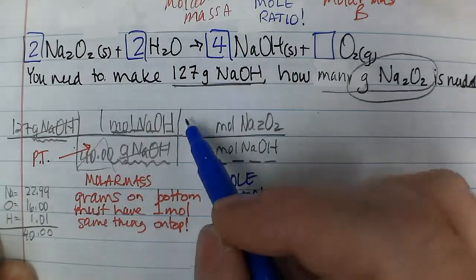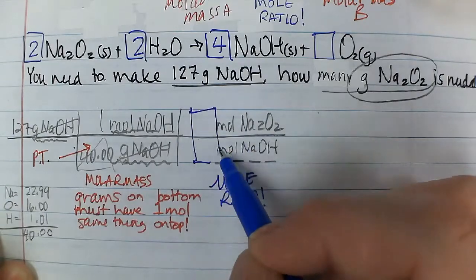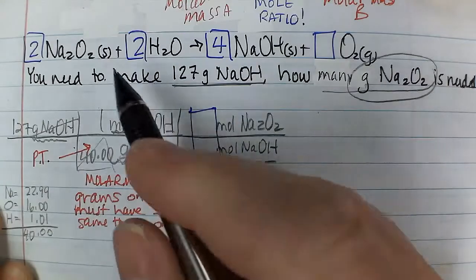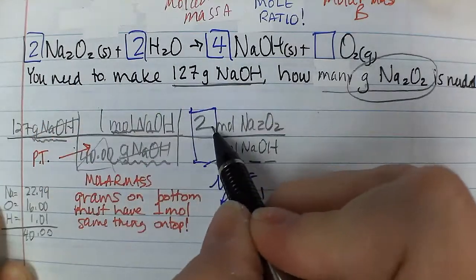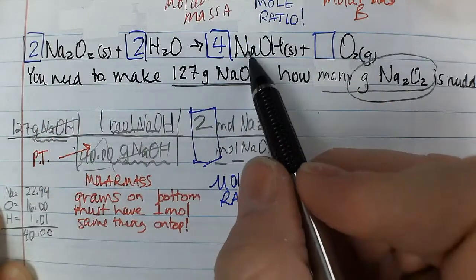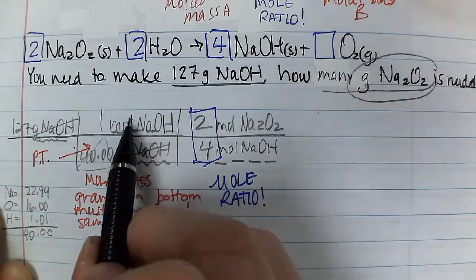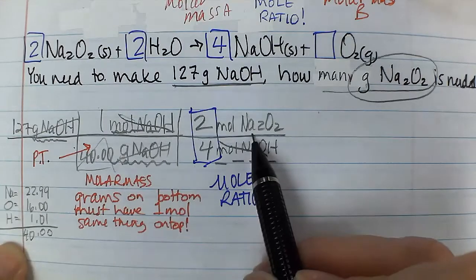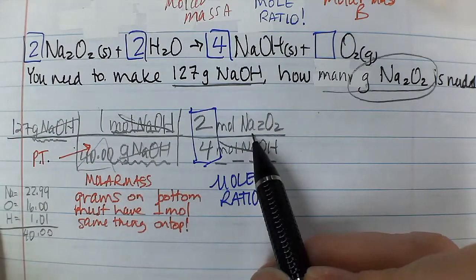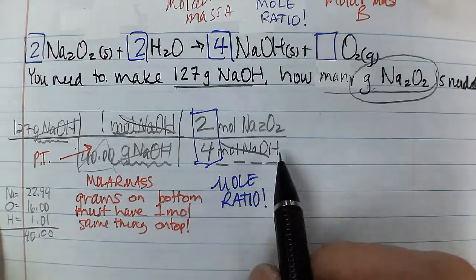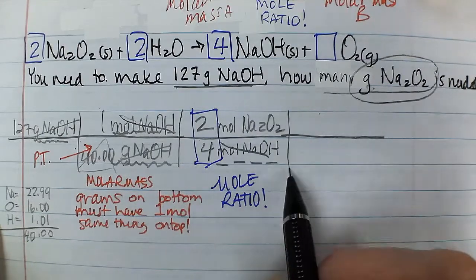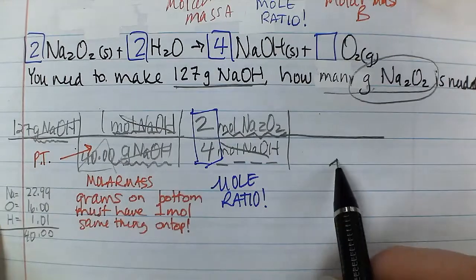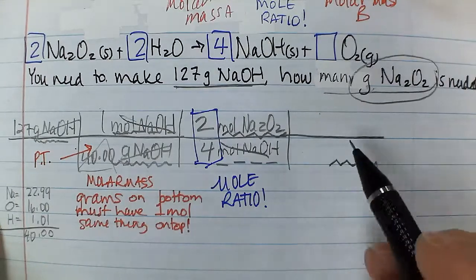Remember, these numbers come from the balanced chemical equation. So in front of my Na2O2, I have a 2. In front of my NaOH, I have a 4. That label crosses out. Am I finding moles of Na2O2? No. I'm finding grams. So now I'm going to take this label and put it down here.